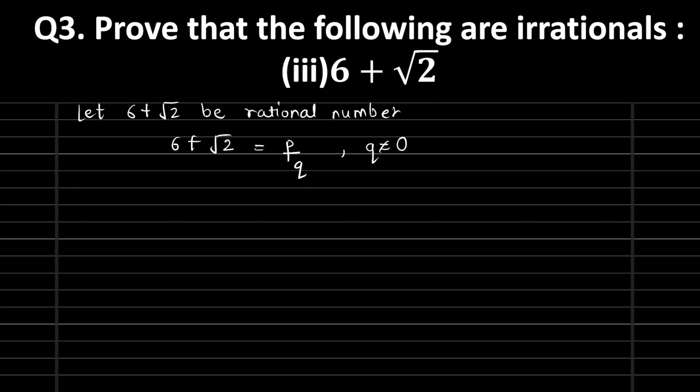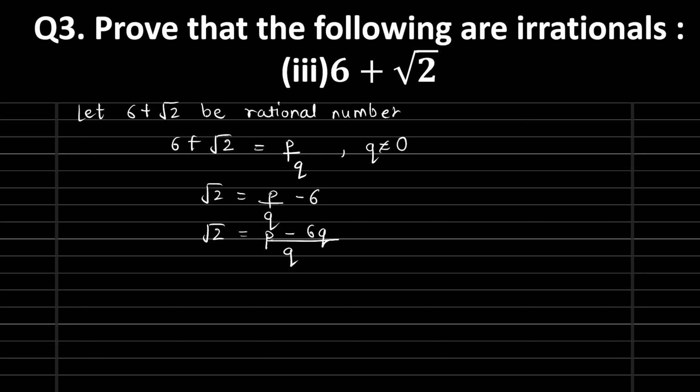Now again keep root 2 as it is on the left hand side and take 6 to the right hand side: p upon q minus 6. On taking the LCM we will get p minus 6q upon q, and on the left hand side root 2.